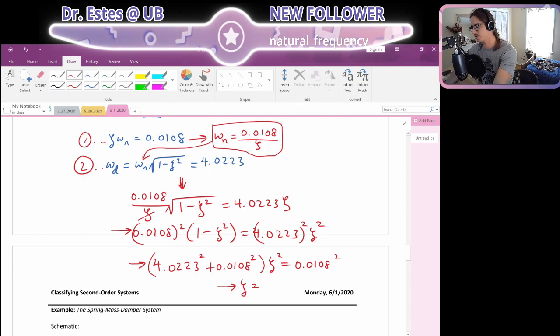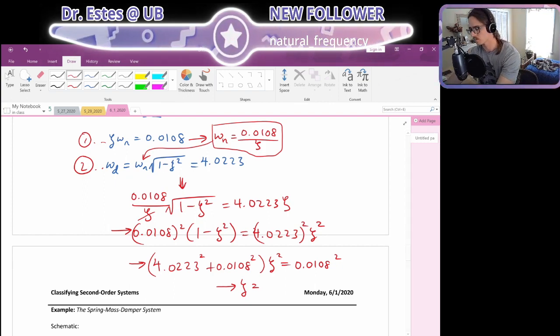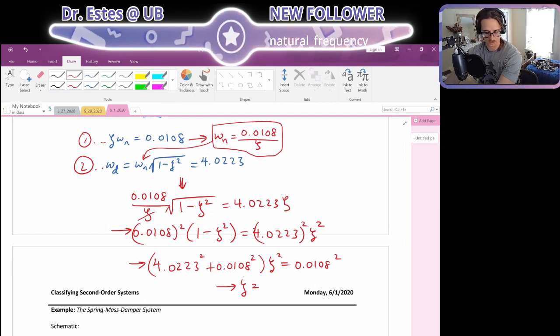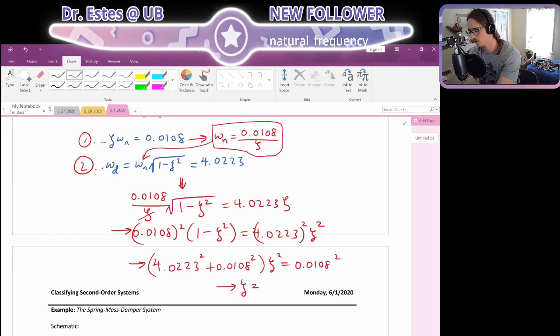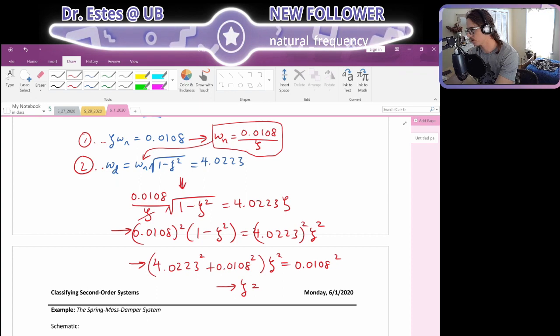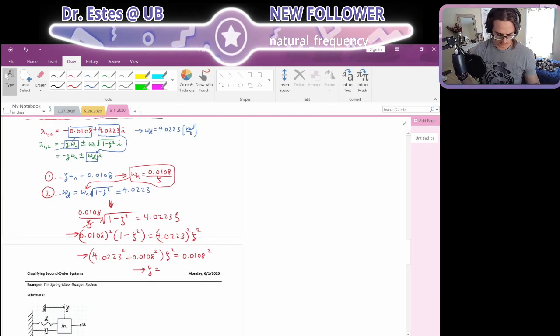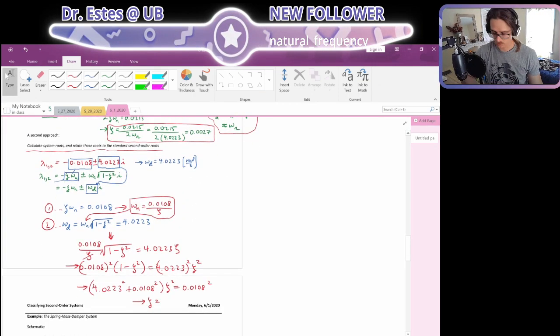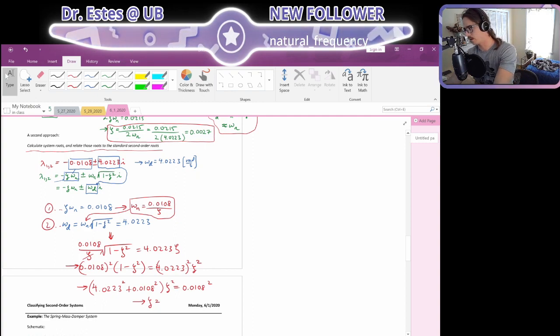Let's see if I get the same answer. I mean, I should. Okay, divided by 4.0223 squared plus 0.0108 squared. Wait, I got a different... Oh, then I gotta take the square root of that.